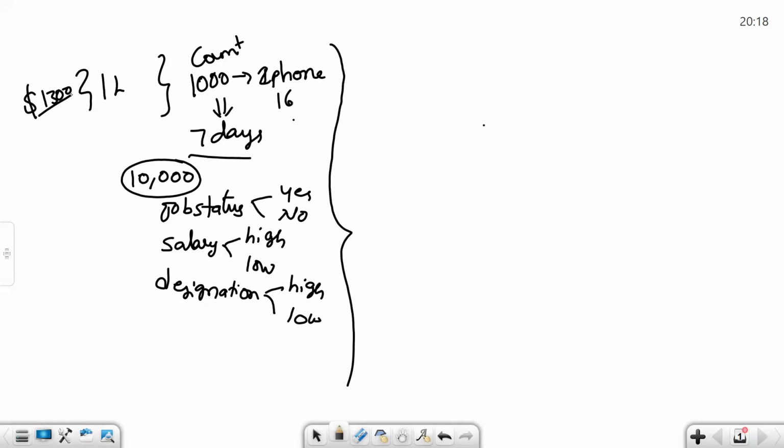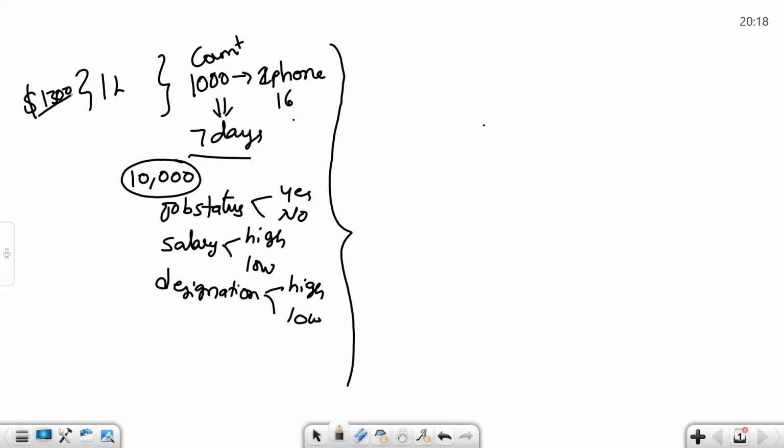In a day, let's say 100. In 7 days, he can sell to only 700. But how many mobiles does he have to sell? So by reducing the demo time, we need to find the effective customer who is more likely to buy.